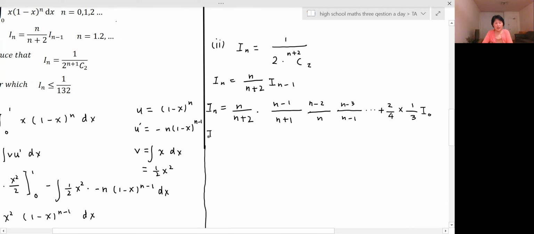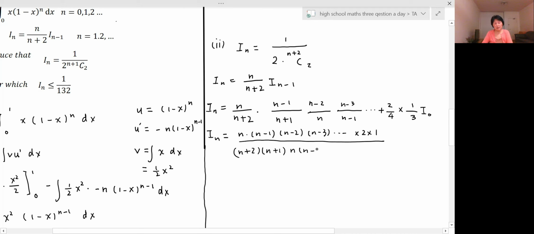Okay, so now I_n equals: the top will be n times (n-1) times (n-2) and (n-3), then times 2 times 1, and (n+2), then (n+1) and n, then (n-1).